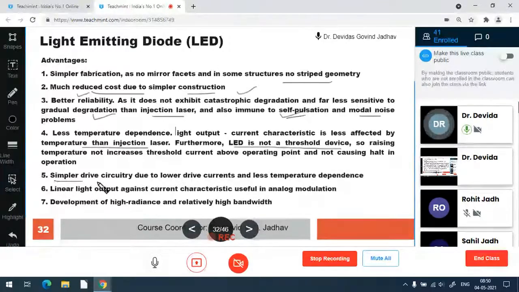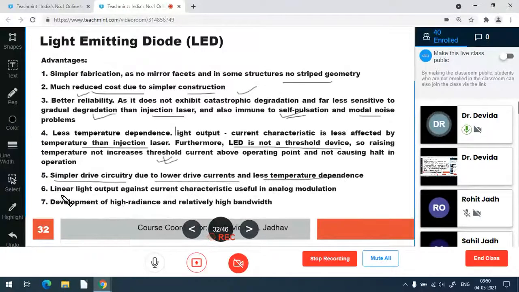It also requires simple drive circuitry, because it is thermally stable in operation and requires very little current. So drive circuitry is not required to maintain a high threshold or to stabilize the temperature. The drive circuit is simple, just biasing and one resistor, due to the lower drive currents and less temperature dependence.